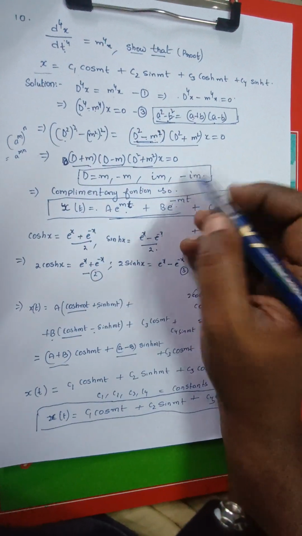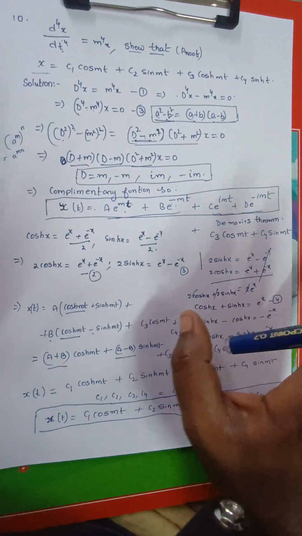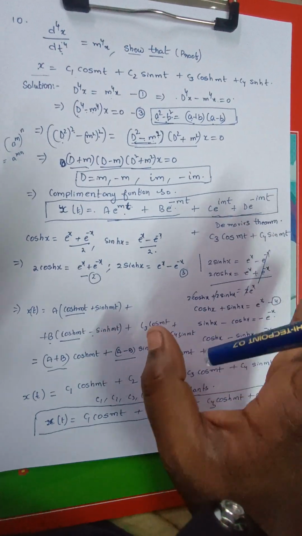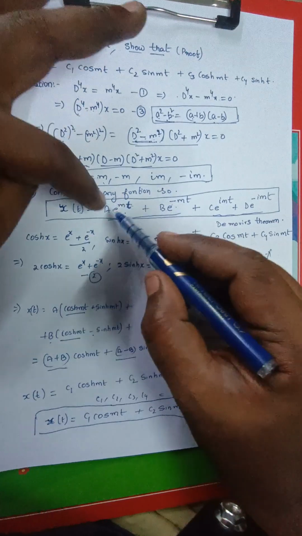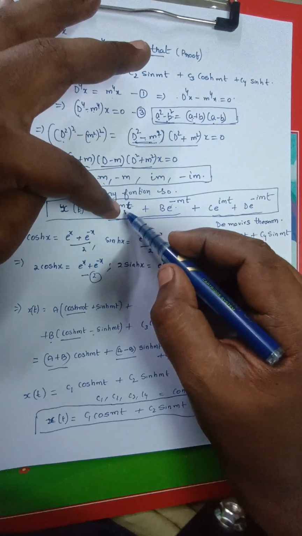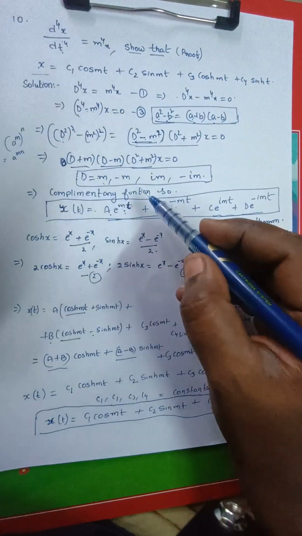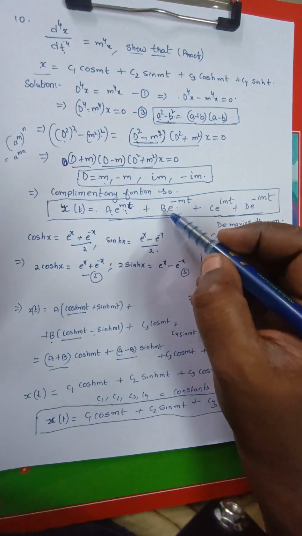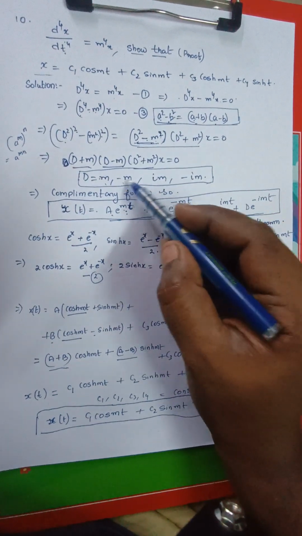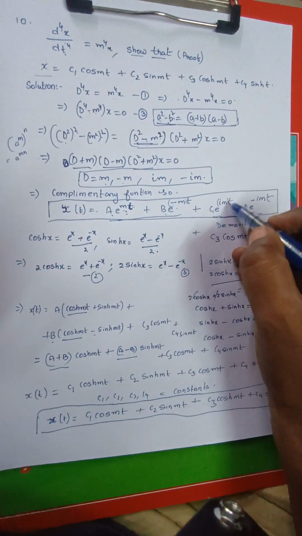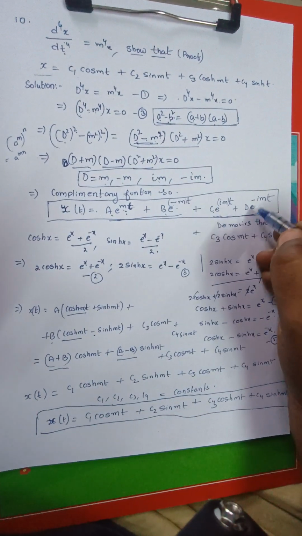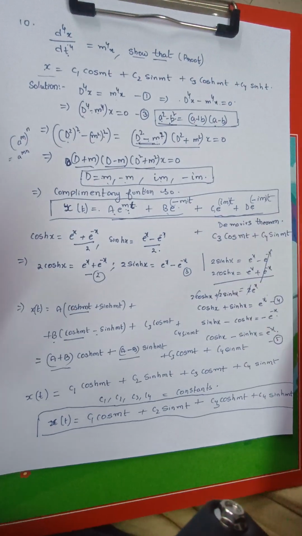Most students get confused about how you write all these things. It only comes with experience, but for a beginner it is enough that whatever roots you get, you just put a constant and then put that root over here as m, and similarly b a constant and minus m over here, and this is c, this is im over here, and this is e, this is minus im over here.